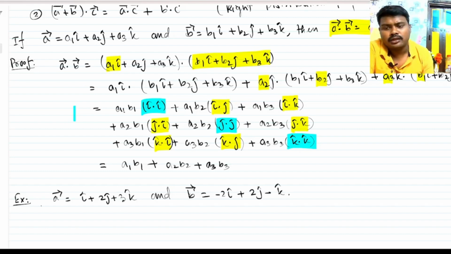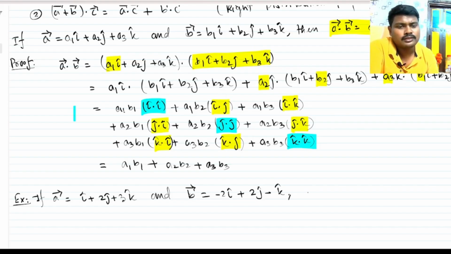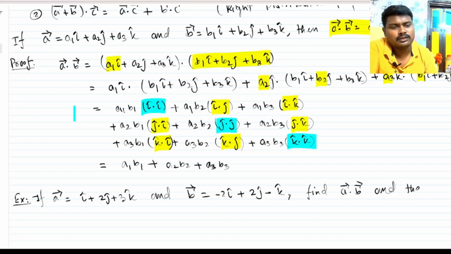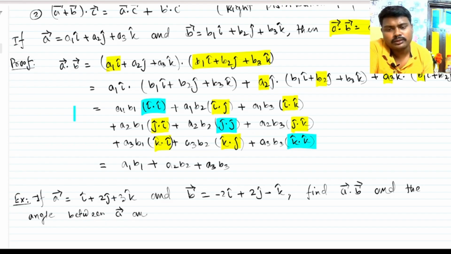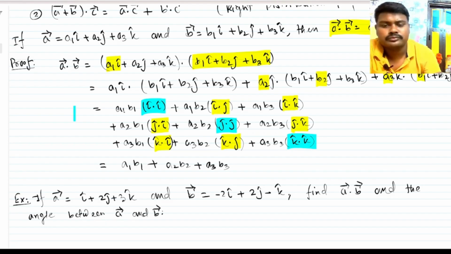Then if A and B are given in this way, our first target is to find A dot B and the angle between A vector and B vector.